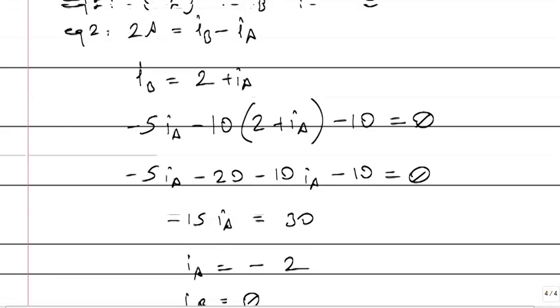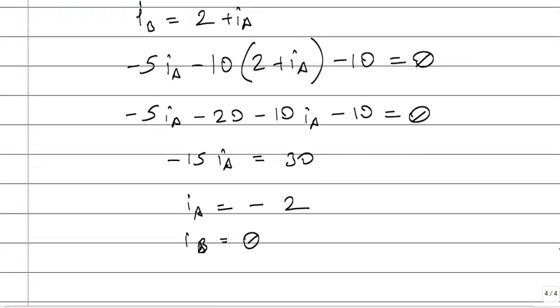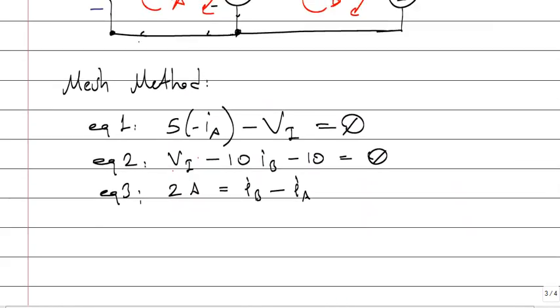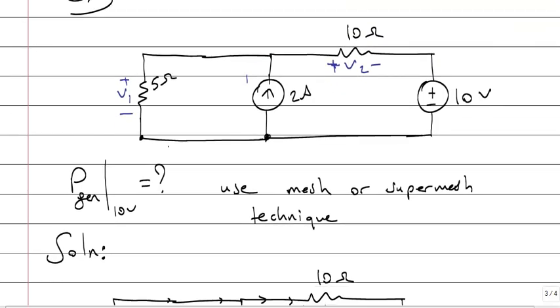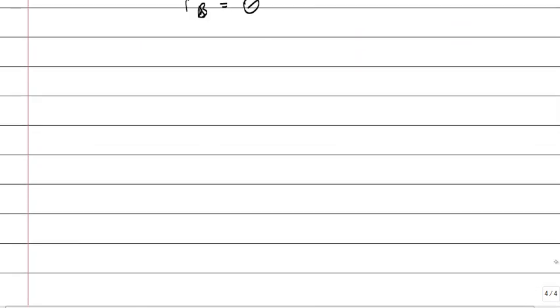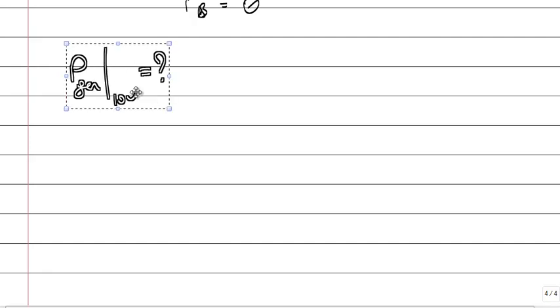Okay. So I have solved the system for the mesh currents, but the question wants another value. What was it? Power generated by the 10 volt source.